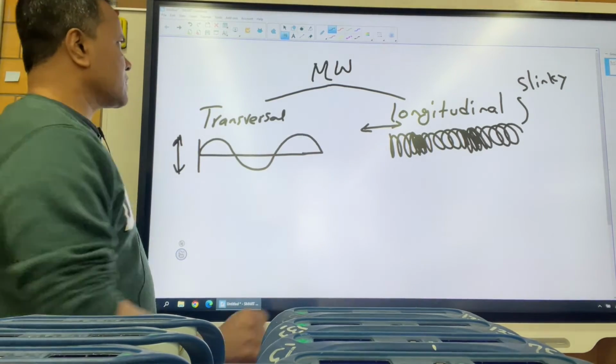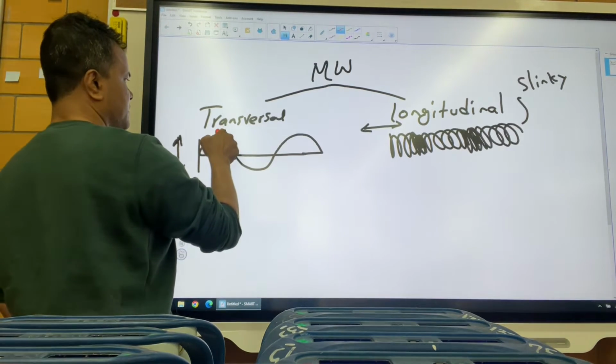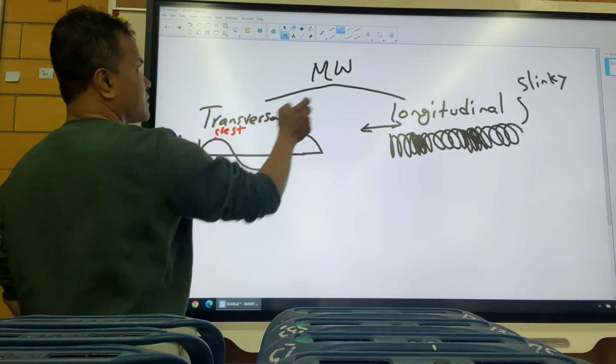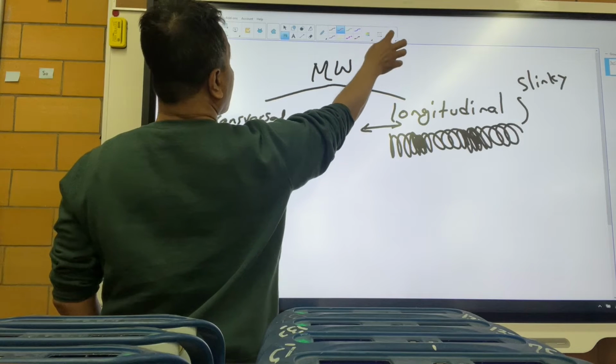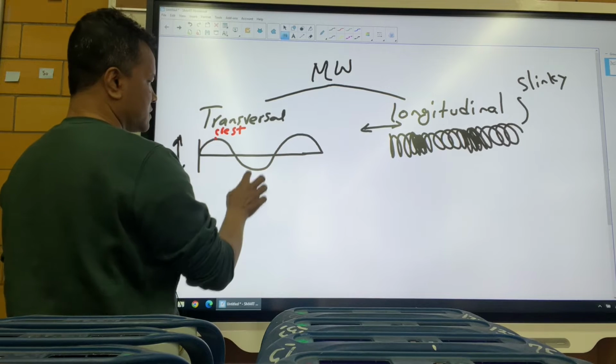Now, a few things. This is the crest. This is the trough.